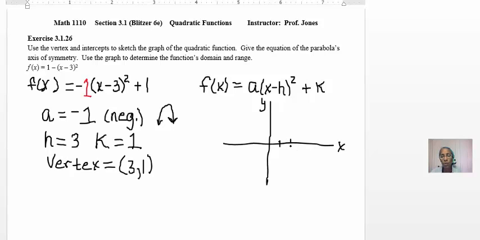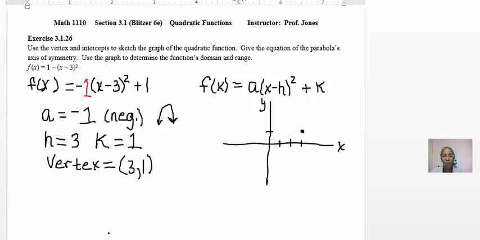So my vertex is here, and this parabola is going to open downward. Once you know how the parabola opens and you know the coordinates of the vertex, rough sketch the graph and think about where the vertex is and how the parabola opens.